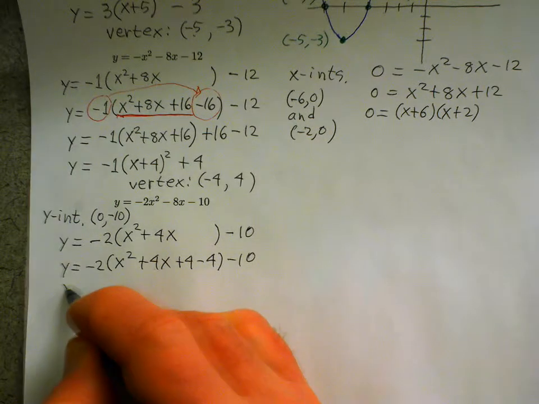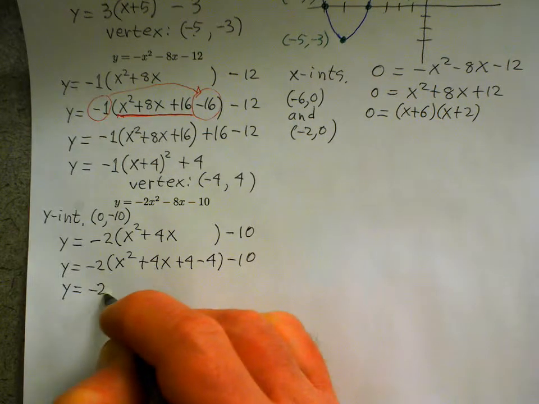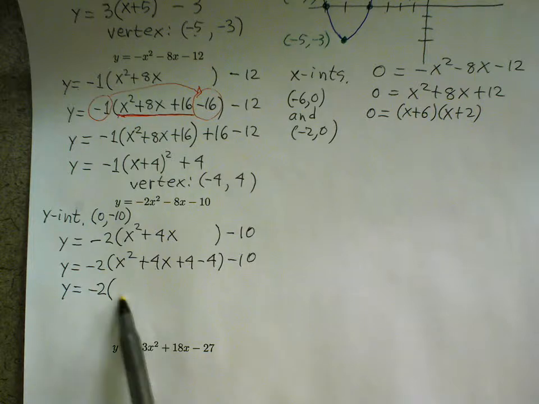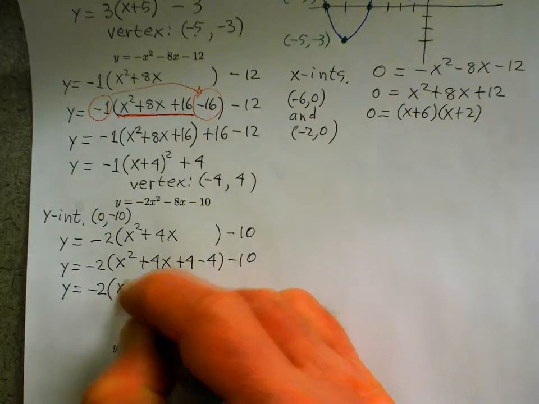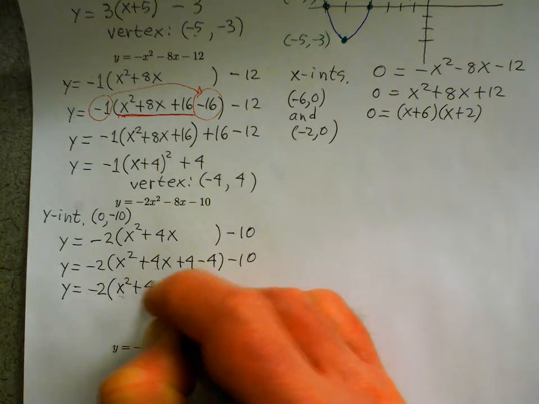Then in the next step, -2 times the perfect square trinomial, we're going to keep the x squared plus 4x plus 4 inside the parentheses.